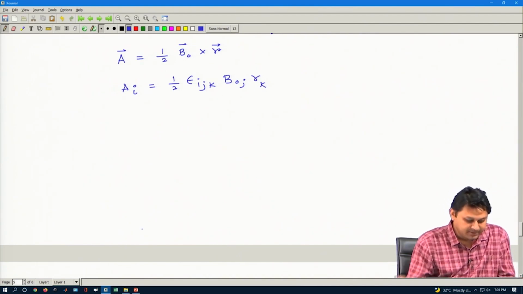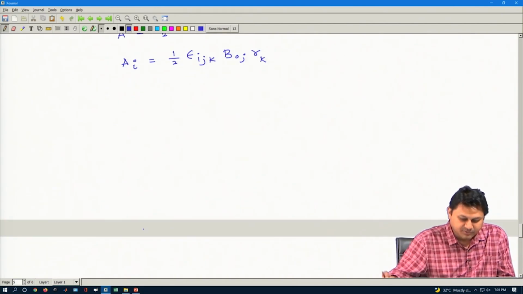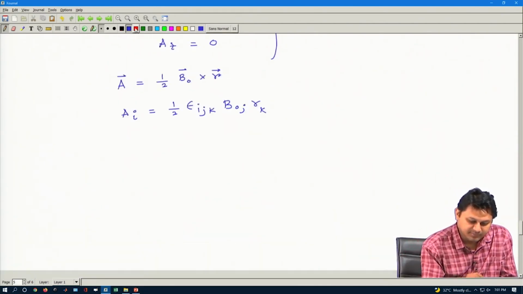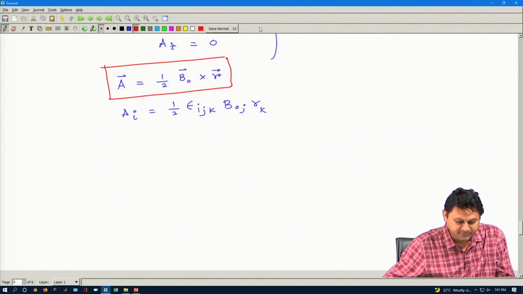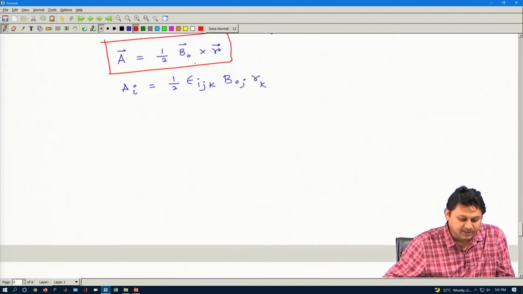This is my expression for a constant magnetic field. I can always write A in this way. This is one of the solutions for constant magnetic field that I can use.